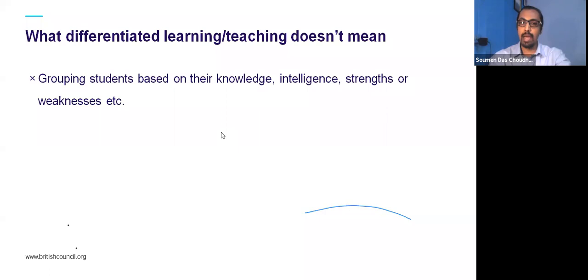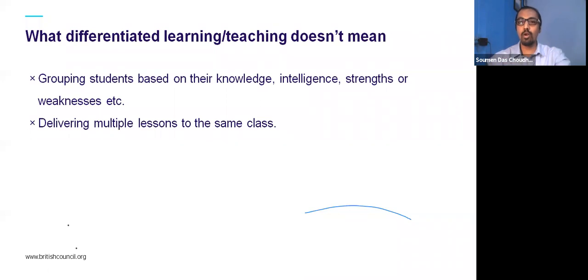Successful collaboration happens only when the strengths of each individual are addressed and highlighted. And you will agree with me here that all learners have their strengths in one form or the other. It also doesn't mean delivering multiple lessons to the same class.